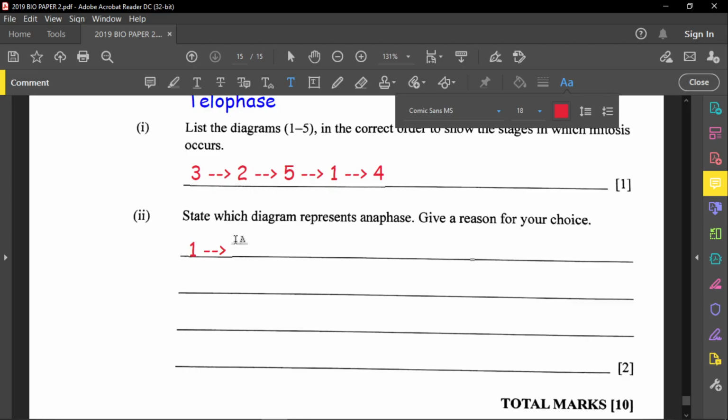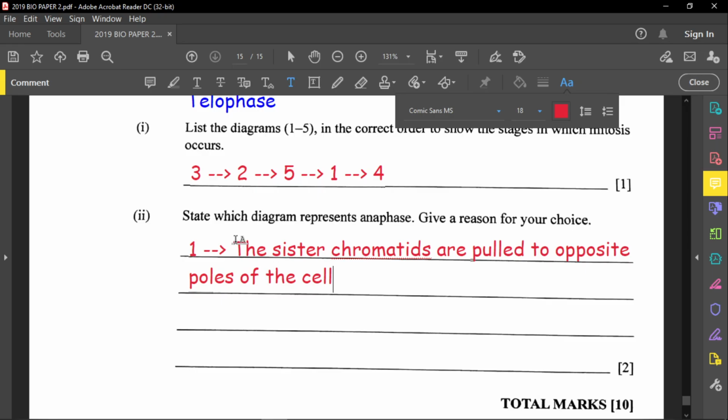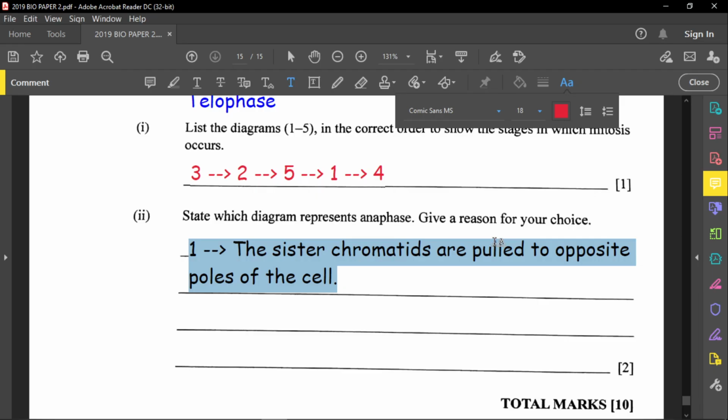This is because the sister chromatids are pulled, or they can either say they are moved, whichever one, to opposite poles of the cell. And this is done by the spindle fibers. Okay, so just make a note of that, it's caused by the spindle fibers. All right, so this will now be our answer right here.